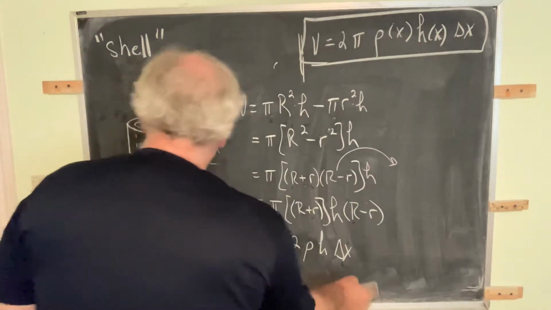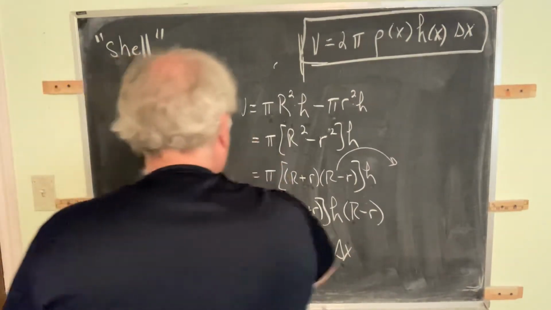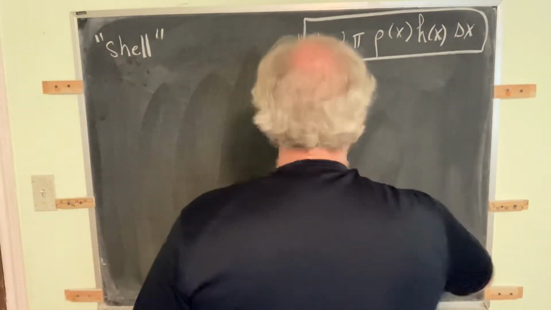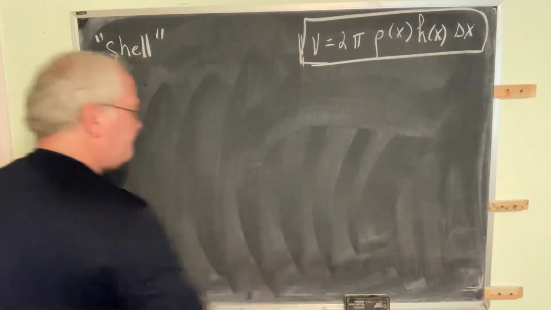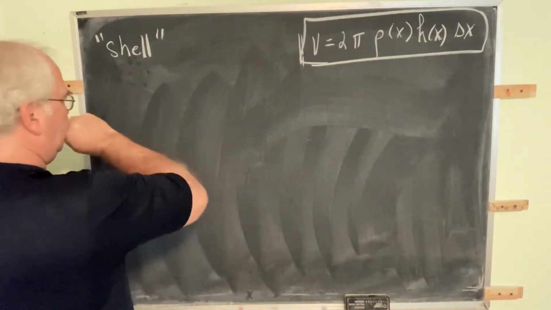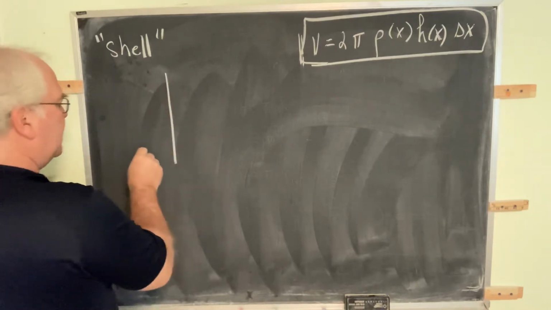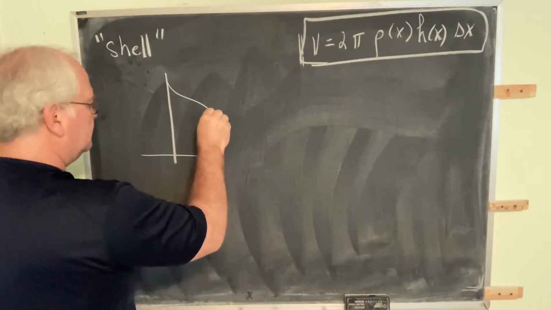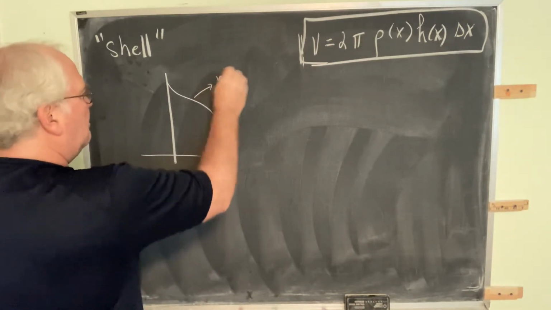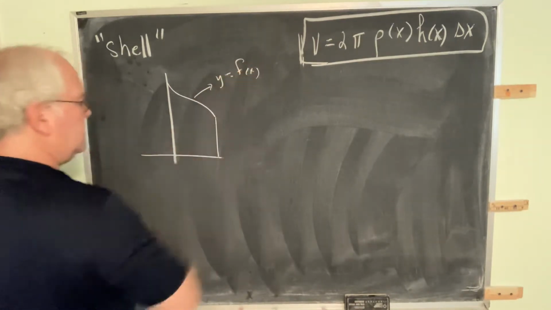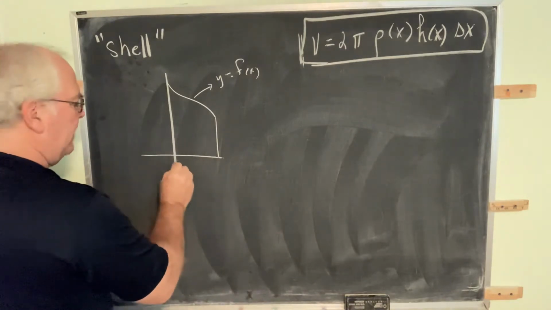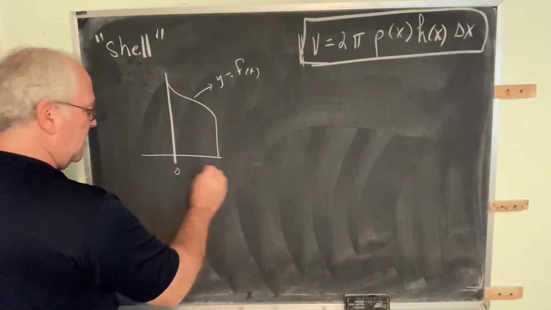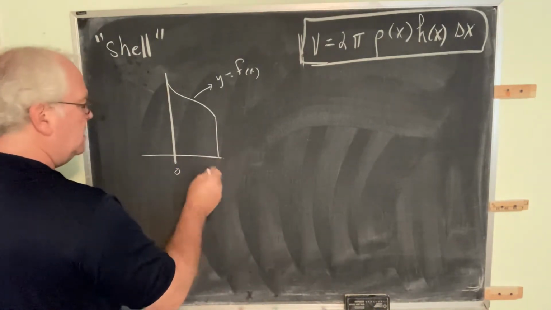Now, the next piece is this. Suppose I take that curve, call this y equals f of x, and this is 0 to, suppose this is 4.